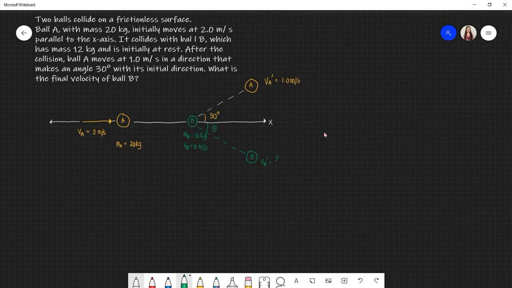So along the x direction, meaning we are talking about the horizontal component, MA VA along the x, this is before, because momentum is conserved, plus MB VB along the x is equal to MA VA prime along the x plus MB VB prime along the x. Right? So what is 0 here?